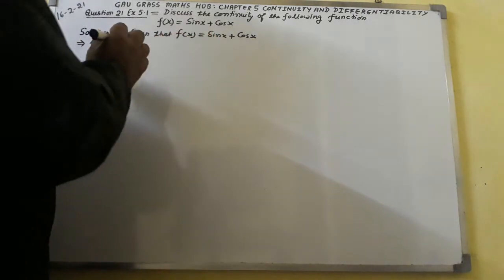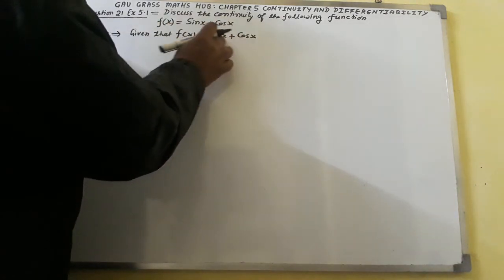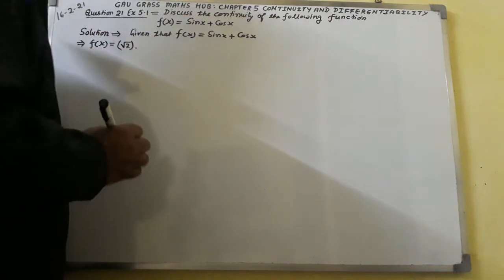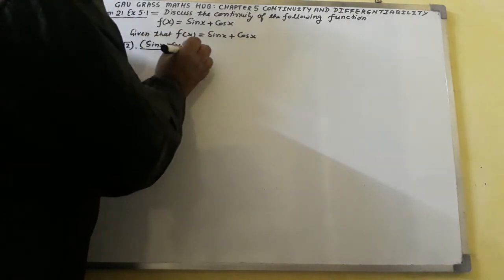So here I shall multiply this function by under root 2, and this function, sin x plus cos x, will be divided by under root 2.